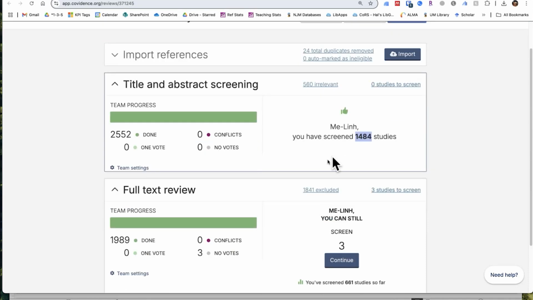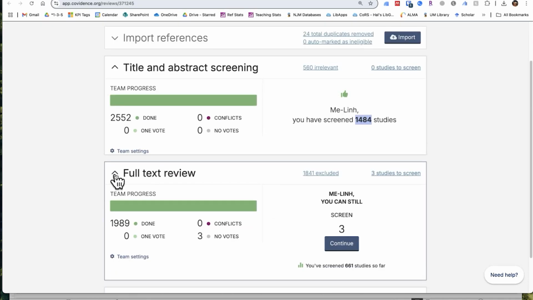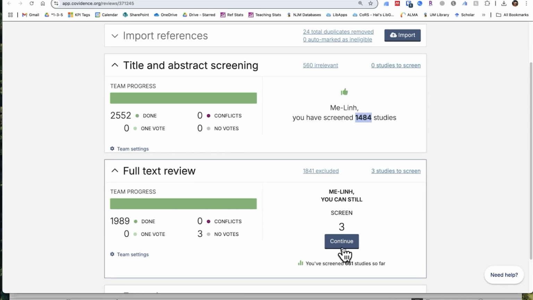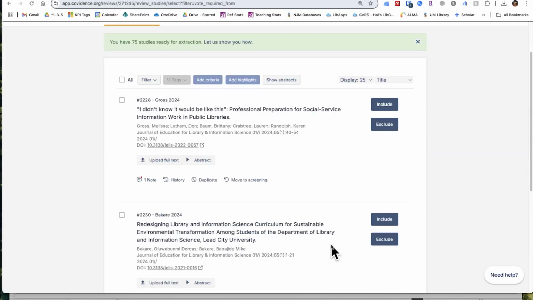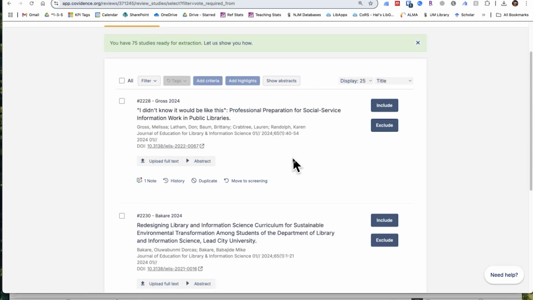From those, we went into the full text review, and just under 2,000 articles were screened for full text. If I say these three haven't been screened yet, I could click that and go in and look at the articles to decide whether to include or exclude them. I would need to access the full text of the article. But it's a very straightforward program to use, and Rayyan works like that as well.